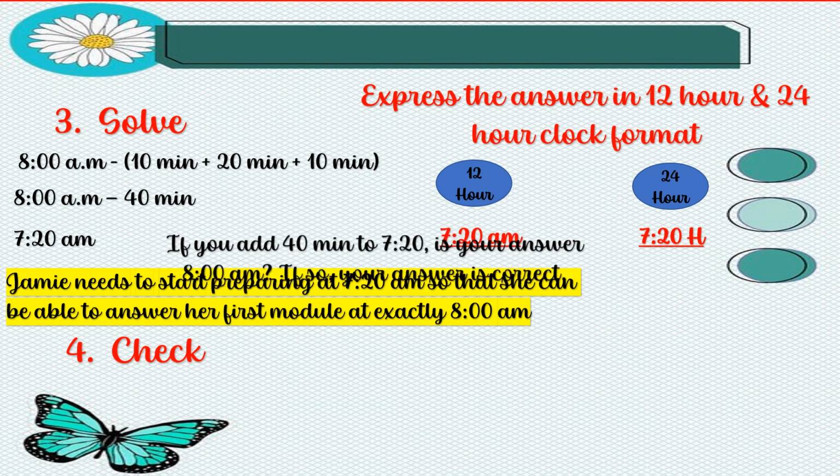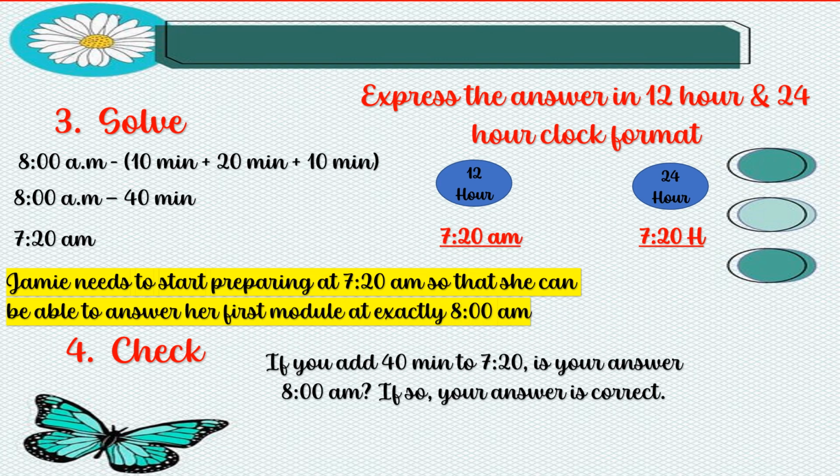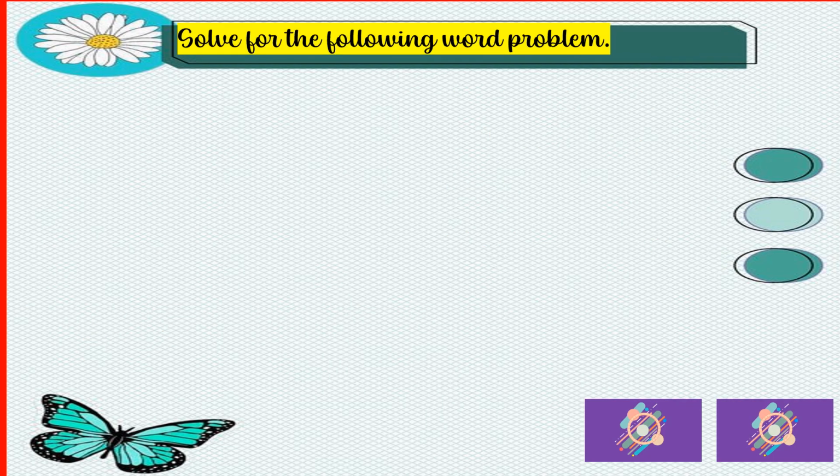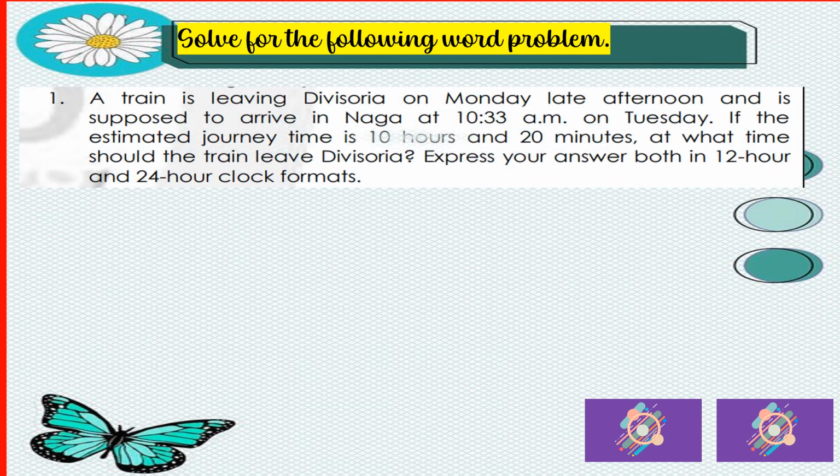So let us now check. So if you add 40 minutes to 7:20, is your answer 8 AM? If so, your answer is correct. Solve for the following word problem.